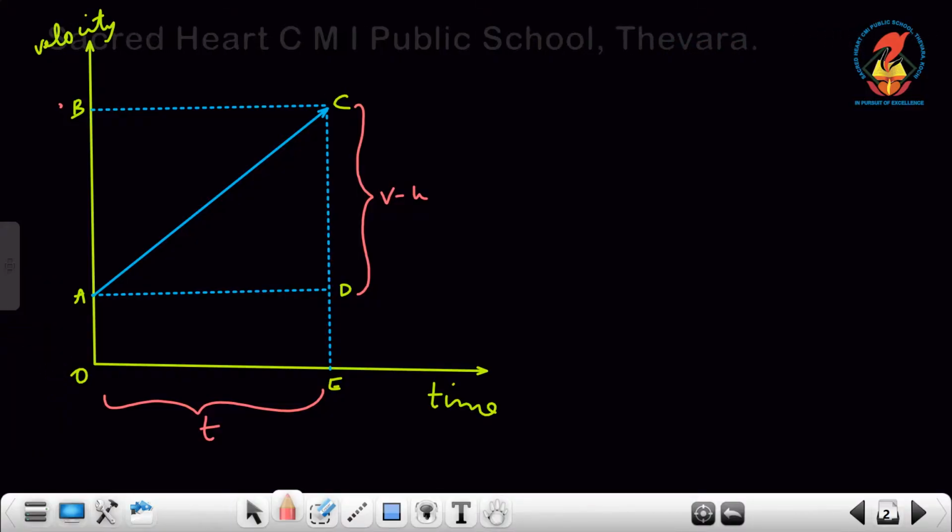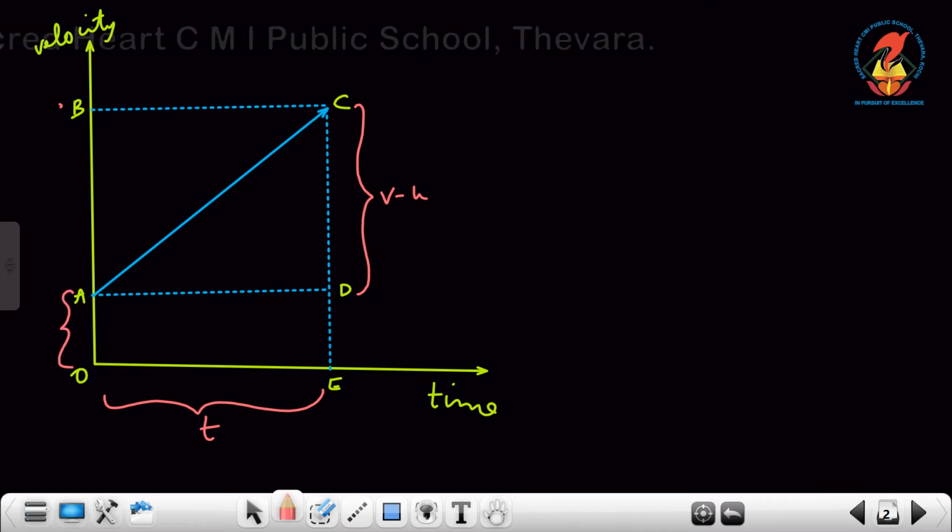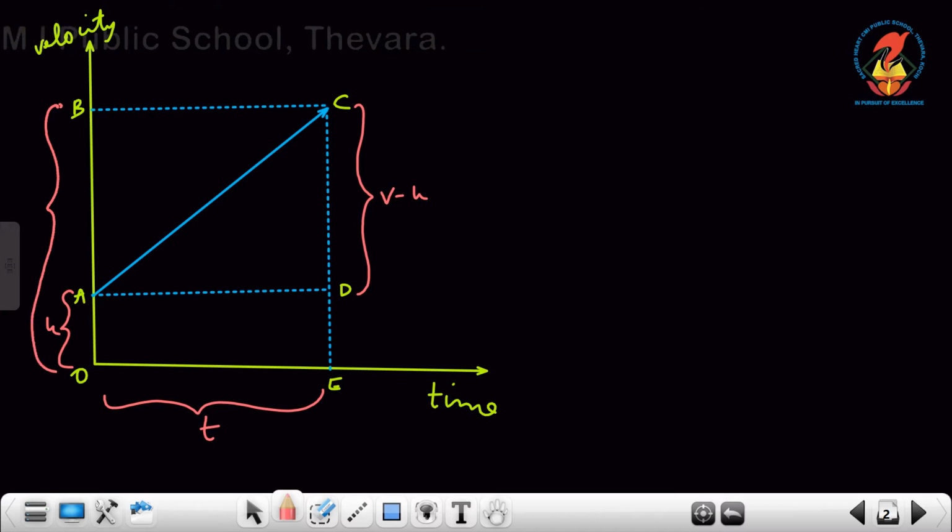This is u and this full is v, and then this CD will be v minus u. That's the graph. Now, how will I derive the equations of motion?